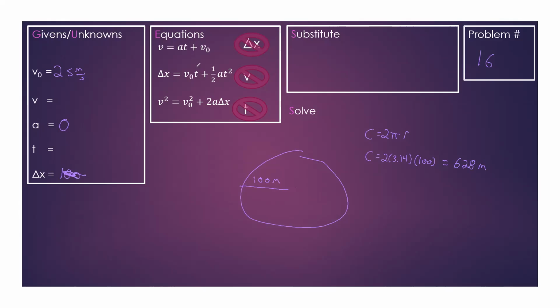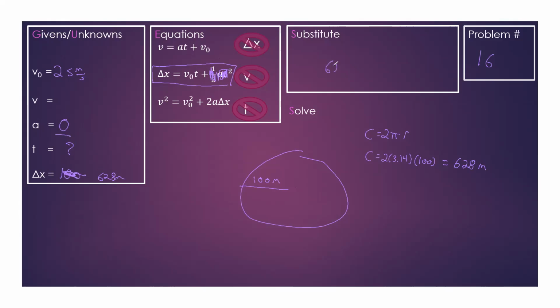Again, you can treat your acceleration as 0. That means you're looking for time, and your total distance traveled is 628 meters. You don't care about velocity, so this is your equation, but I'm going to save us the time and say this term goes away because your acceleration is 0 and multiplying anything by 0 is 0.